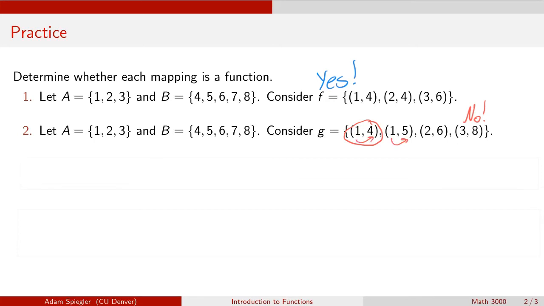So the element 1 maps to two elements in B. That makes it not a function. For a function, it can only map to one element in B. So that was a no for number 2.